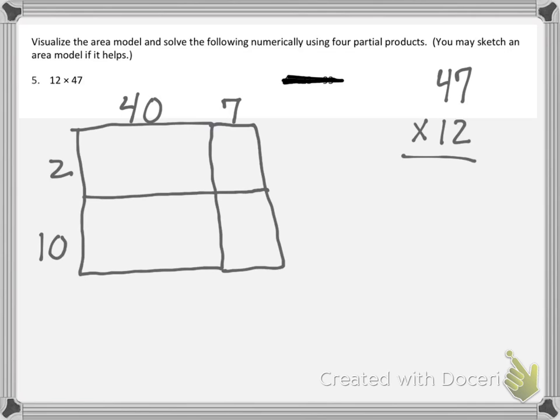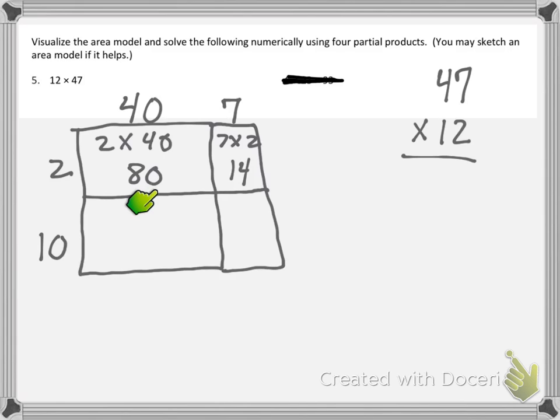All right, so now let's start. We've got 2 times 7, or 7 times 2, and we get a 14. And now let's continue over here. We've got 2 times 40, because look, 2 times 40 is 80.